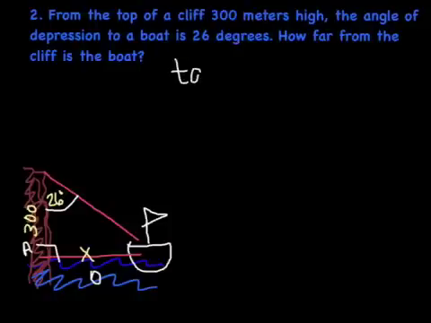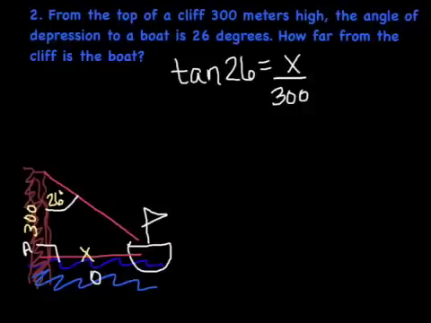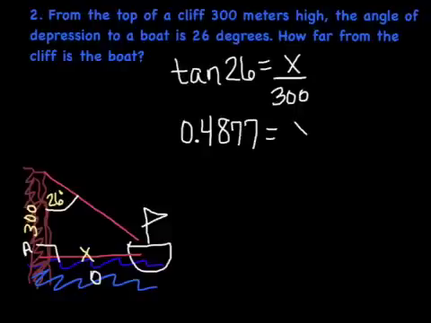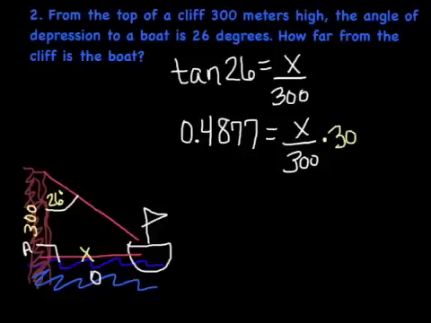So tangent of 26 degrees equals opposite over adjacent. I'm going to look at my trig table to figure out what is tangent of 26, or I could use a calculator. But looking at my trig table, it's 0.4877. And remember we're going to multiply both sides by 300 to get our x by itself.